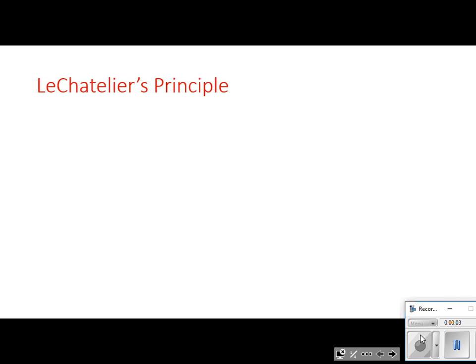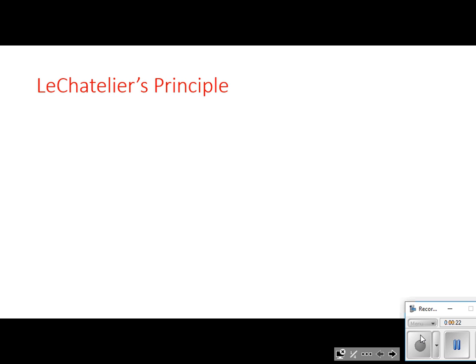Now, with Le Chatelier's principle, people tend to struggle with this, but I think once you get the gist of it, it makes sense.